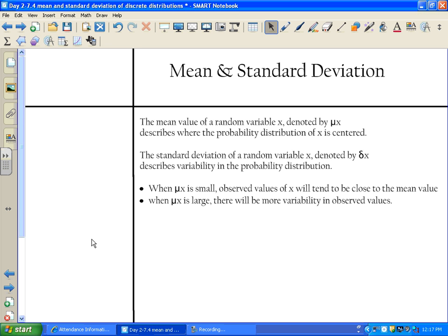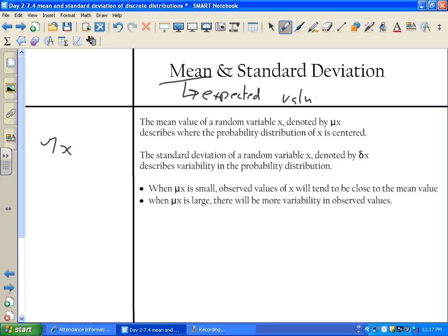Okay? The mean value of the random variable, like I said, we're talking about discrete random variables today. Mean value is denoted by this symbol. That is called mu x. That is the Greek symbol mu. That's how I write it. So mu x, we're talking about the expected value. In these problems, the mean means expected value.